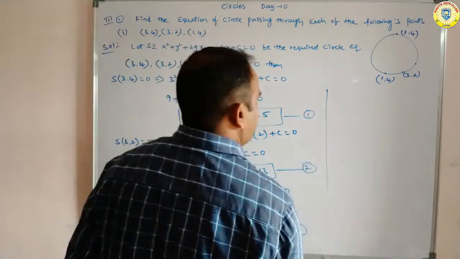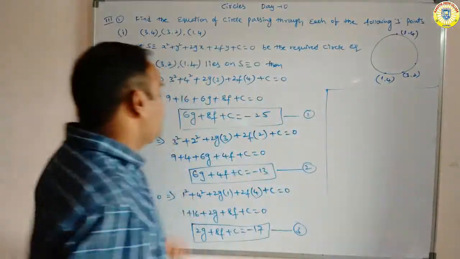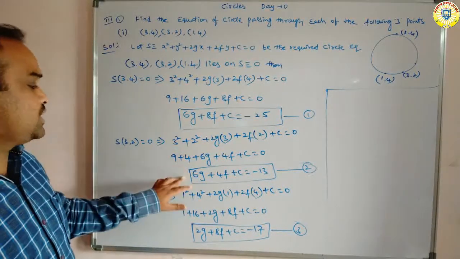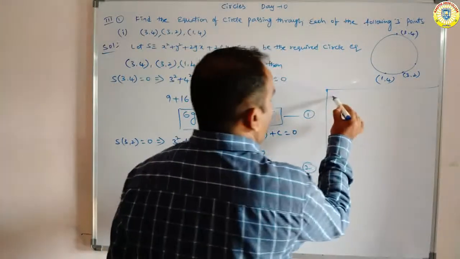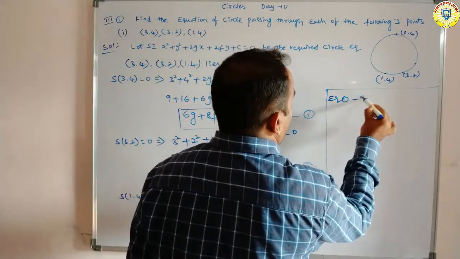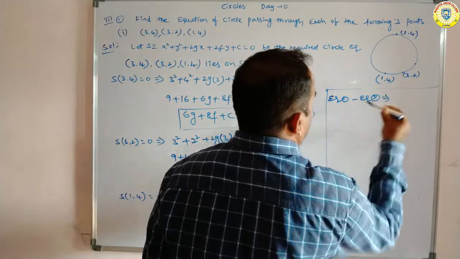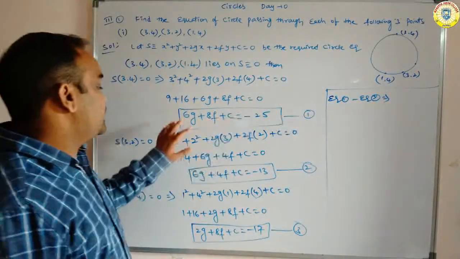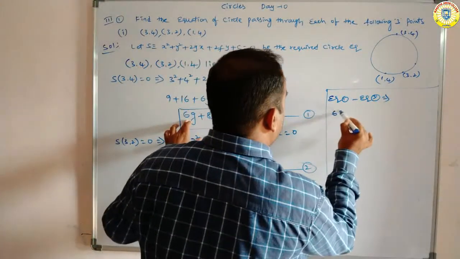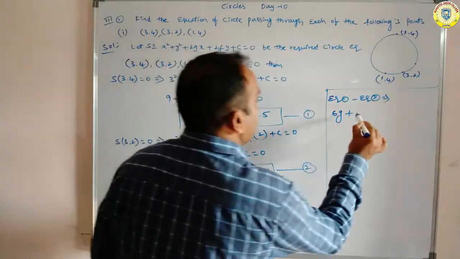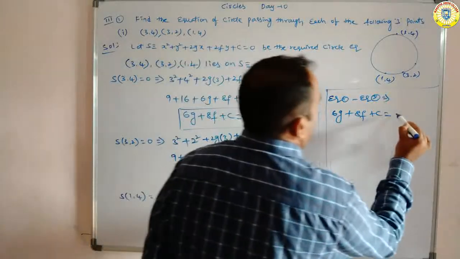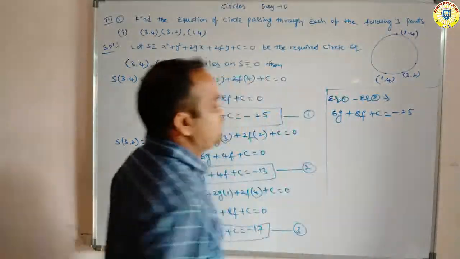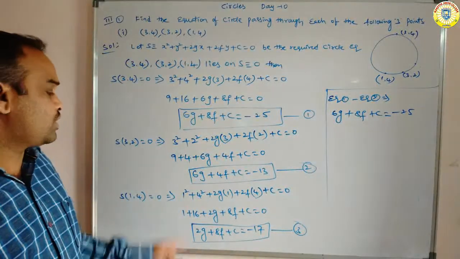Here observe: in equation 1 and equation 2, 6g is there. That's what we are doing, equation 1 minus equation 2. That implies equation 1 is 6g plus 8f plus c is equal to minus 25.